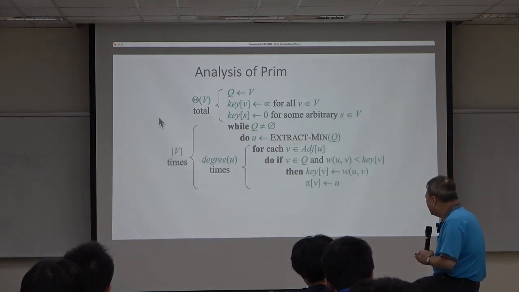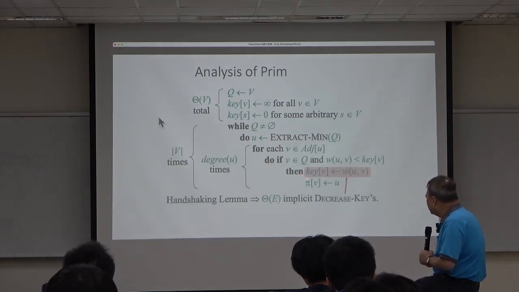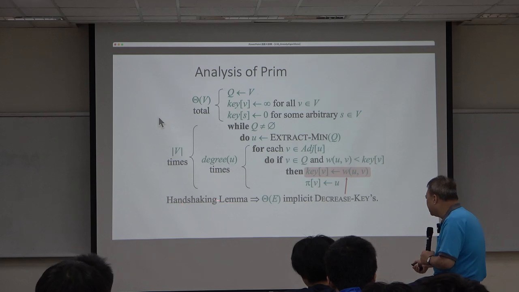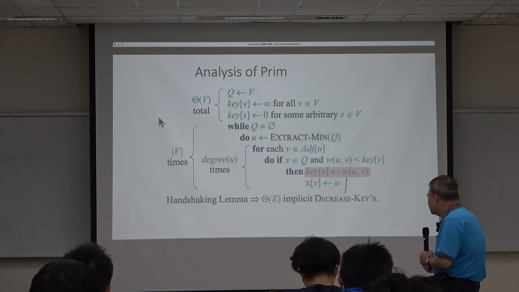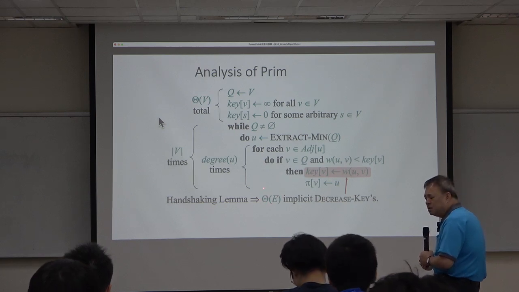So, according to the handshaking lemma, this statement in total is at most theta 2E, 2 times E times.